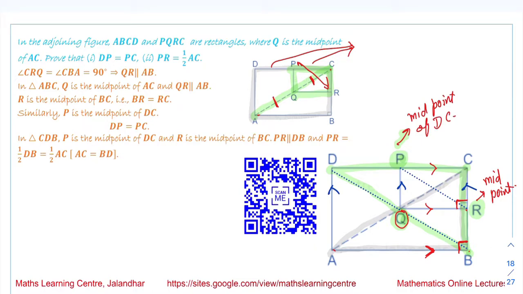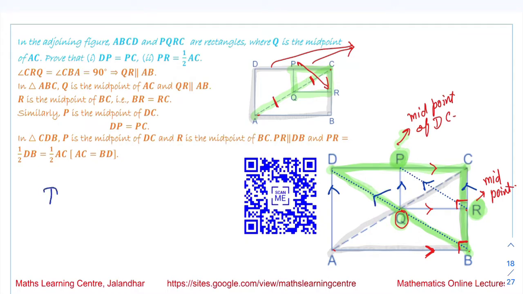Now in the same triangle DBC, we have P as the midpoint of DC and R as the midpoint of BC. It means that the line PR and the line DB are parallel to each other.